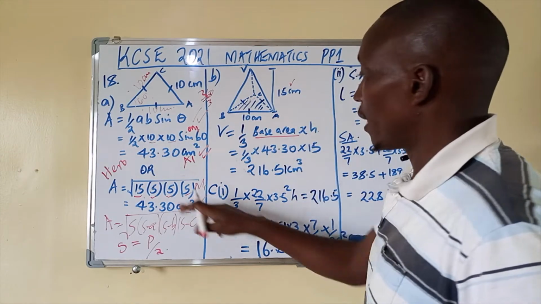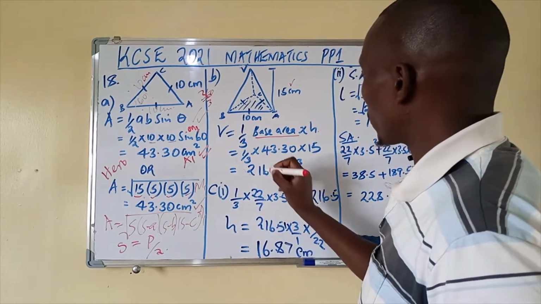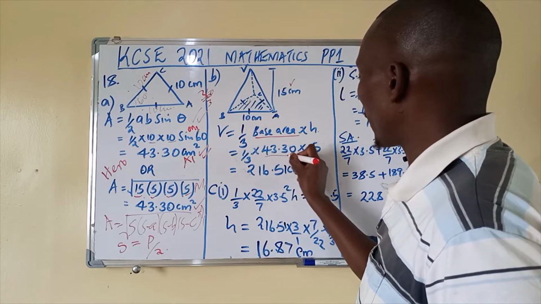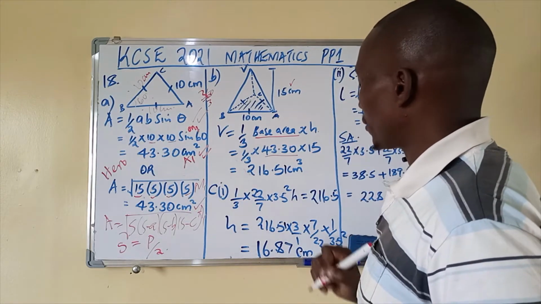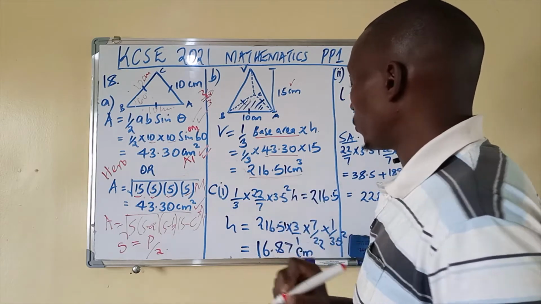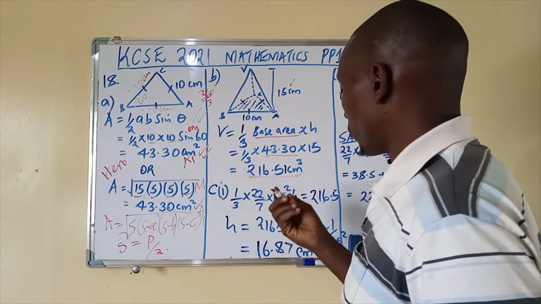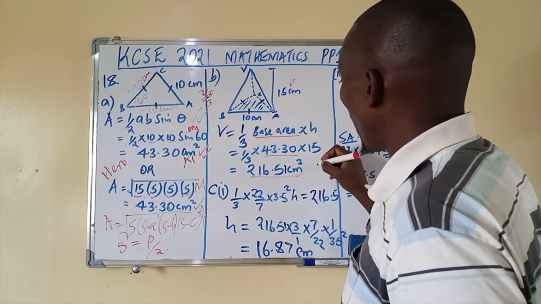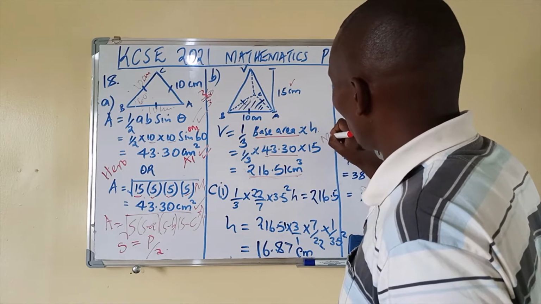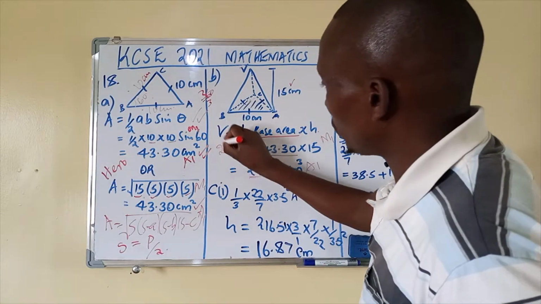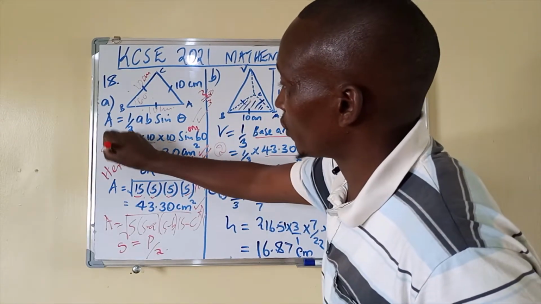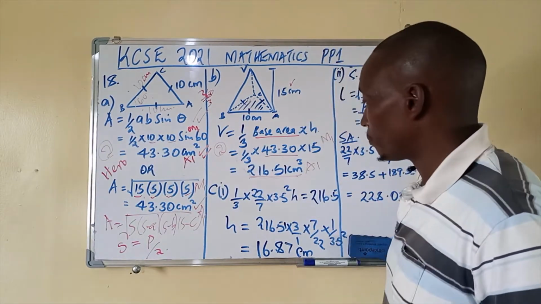The base area, we have worked out here. So it will be a third multiplied by the area that we already have, 43.3, then multiplied by 15. Once you do that, you get the volume. With that, we have method 1, answer 1. So that part B, 2 marks. Already we have scored 2 other marks there.